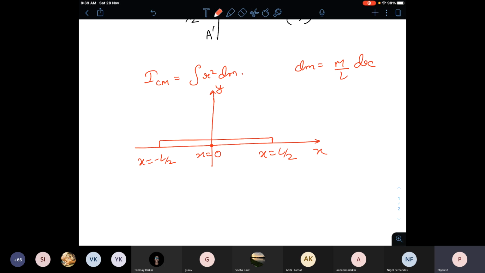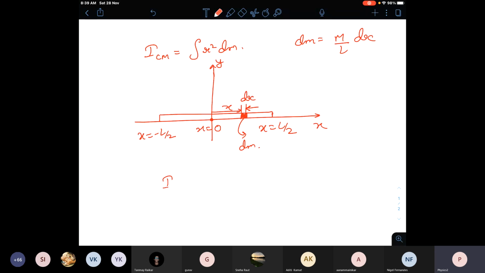Now at a distance of x, I will take a small elemental mass dm, whose mass we already know, it is m by l dx, and the length of this elemental mass is dx. Now we will integrate it. ICM will be integration of r square.